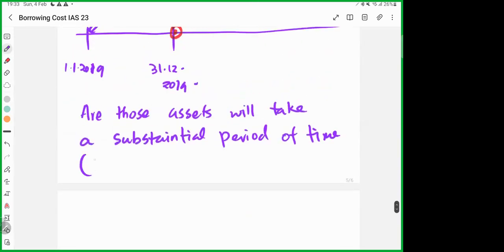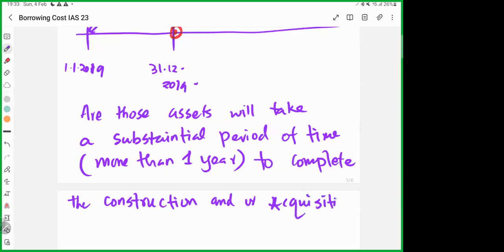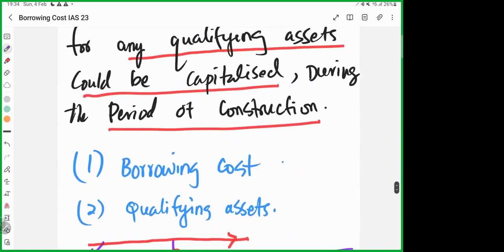I would mathematically quantify to complete the construction and or acquisition. Understand me? Yes. So I hope now you understood the term qualifying assets. Correct?